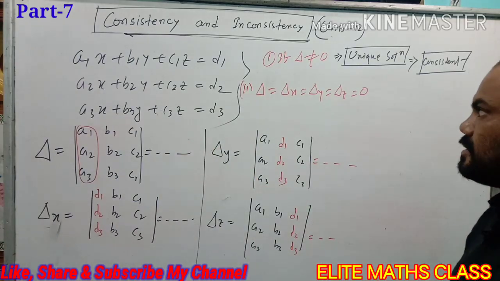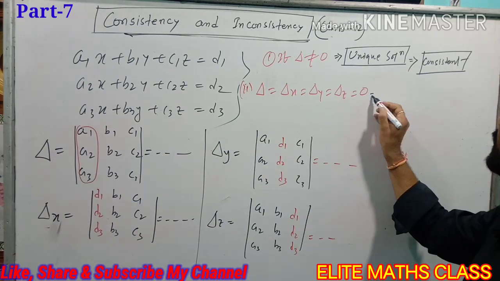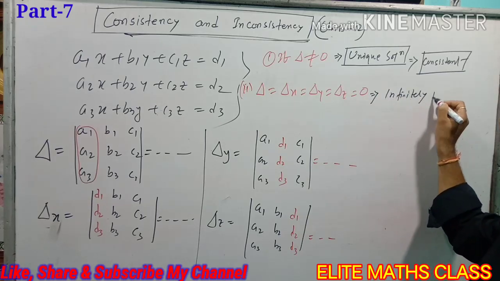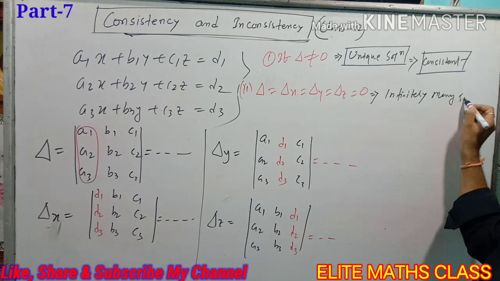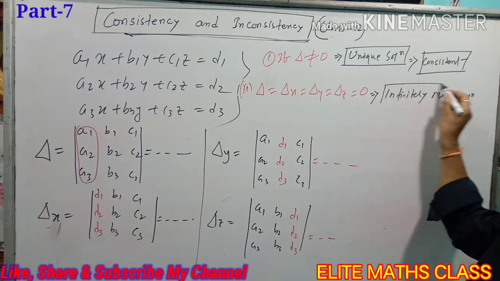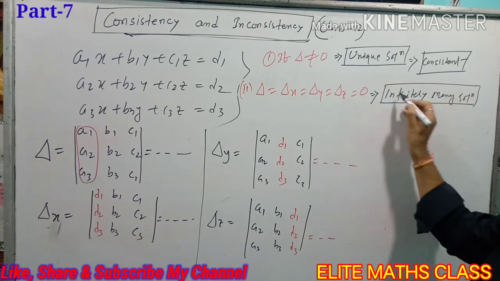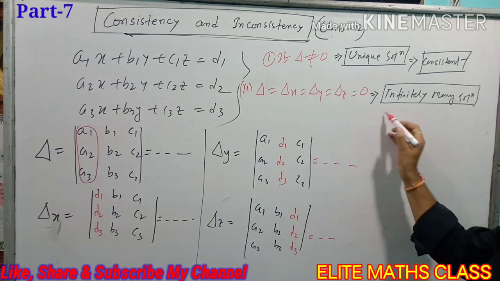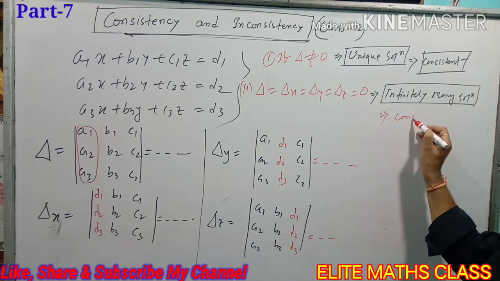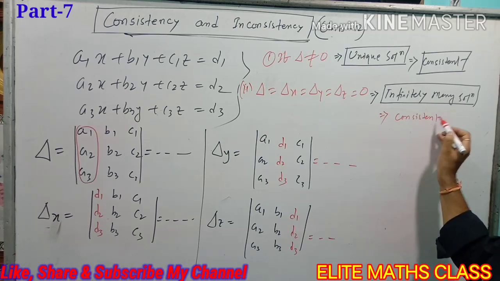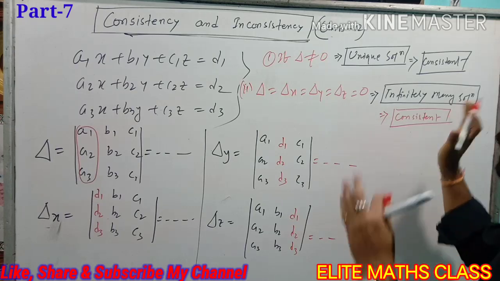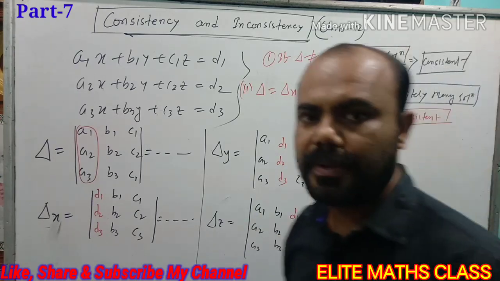If this happens, the system will have infinitely many solutions, and hence the system is consistent. If the solution exists, either unique or infinitely many, the system will be consistent.